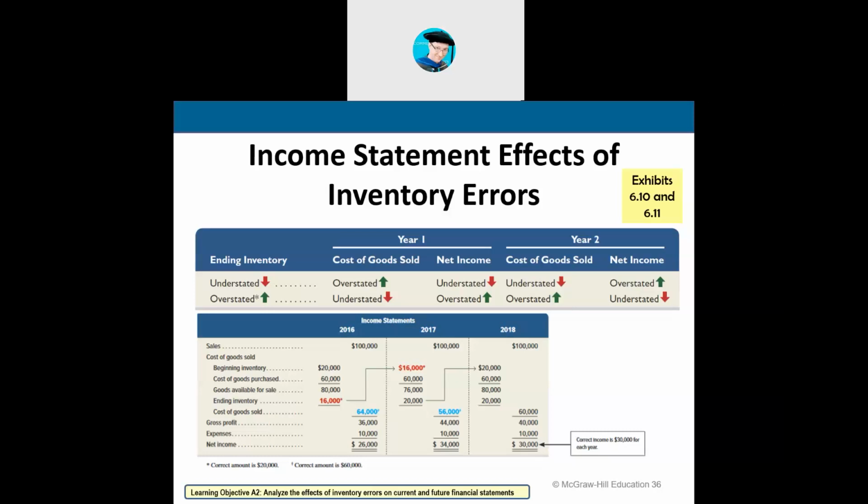Understated is the opposite. But we can see what the effect is when inventory is either overstated or understated in value. If it's understated, that means our cost of goods sold is higher, our net income is lower. If it's overstated, that means our cost of goods sold is understated and our net income is overstated.